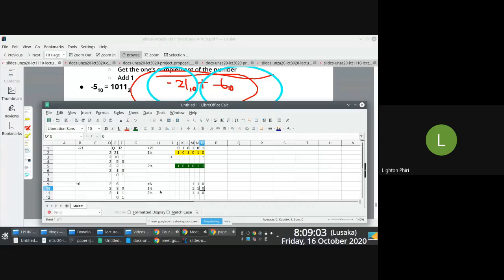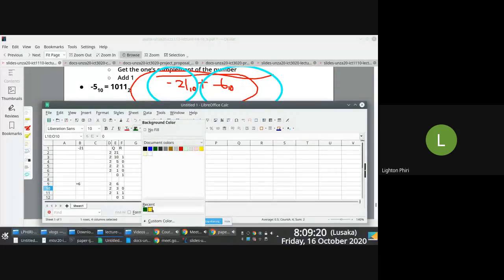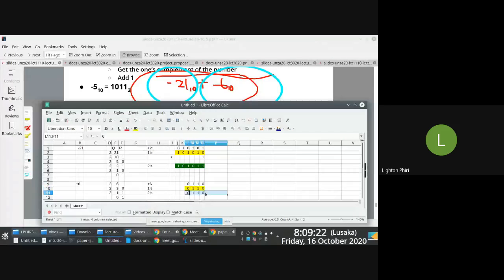So we have our value here converted to 1's complement and 2's complement. And this is the answer we have here. I'll just highlight the 1's complement in yellow and the 2's complement in green so that you see the result.